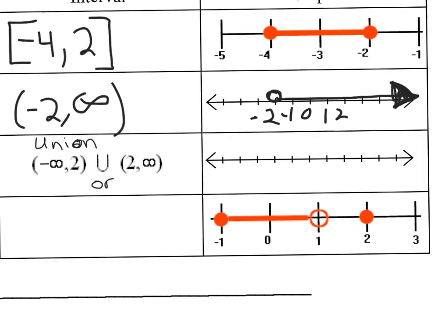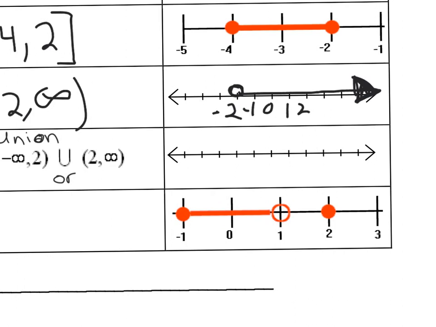All right, let's take a look at this graph. Looking at this graph right here, I'm going to put some points down. I've got 0, 1, 2, 3, 4. I've got -1, -2, and -3. Now, it says that I have negative infinity to 2. So I'm going to go to my 2, and you'll notice that it has a parenthesis.